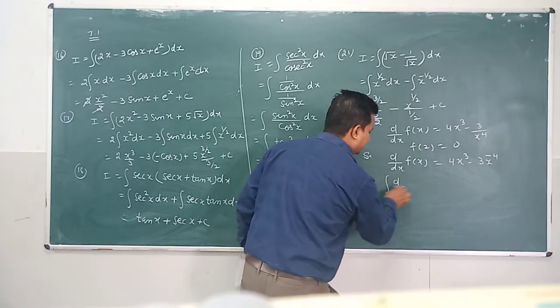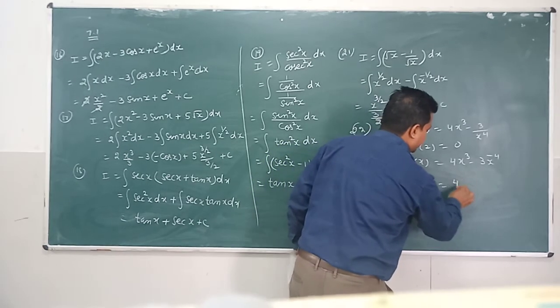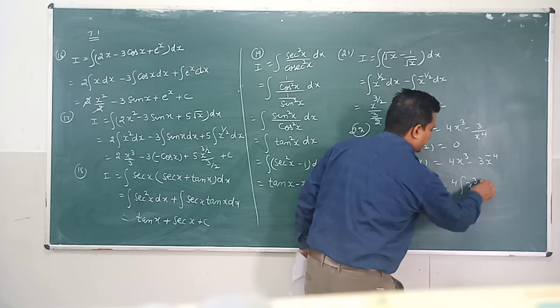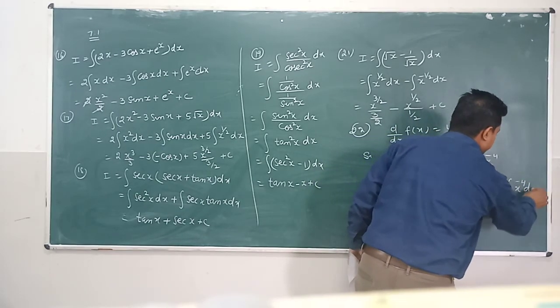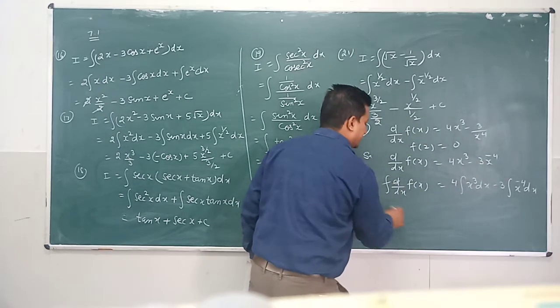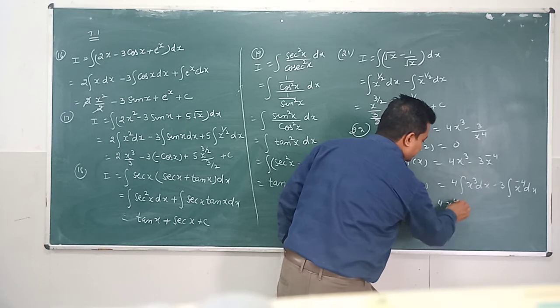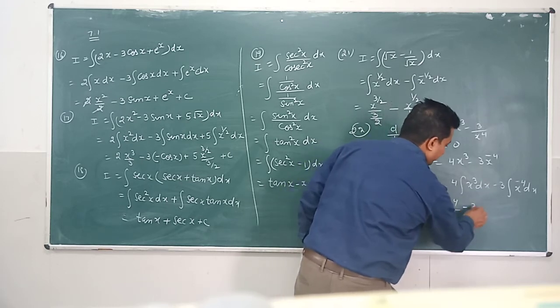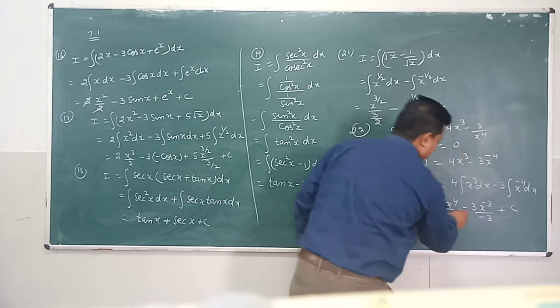We integrate both sides. When we integrate, this is x cube dx, this is x to the power minus 4 dx. As we know, the integration of x cube is x to the power 4 by 4, and of x to the power minus 4 is x to the power minus 3 by minus 3, plus c. These are cancelled out.